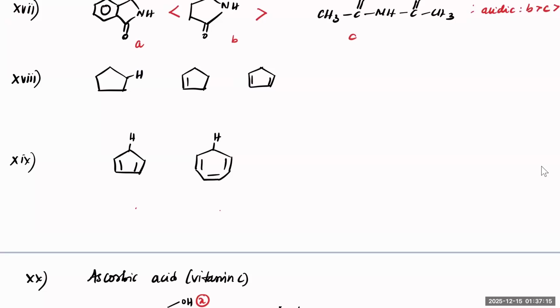Hence, if you compare the acidic strength, this is how it will vary. In fact, if you compare the pK values, this is around 48, this is 44, and this is 16. So you can see the drastic change in the acidic strength due to aromaticity.